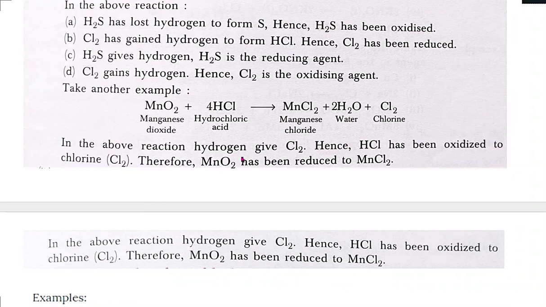In the above reaction, HCl is getting converted into chlorine. So we can say that hydrogen is removed from here and it got converted into chlorine. So we can say that HCl has been oxidized to chlorine.